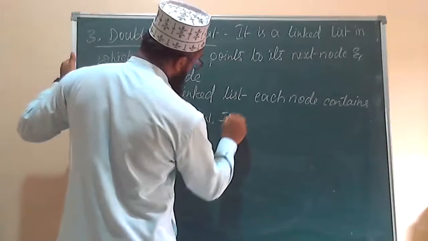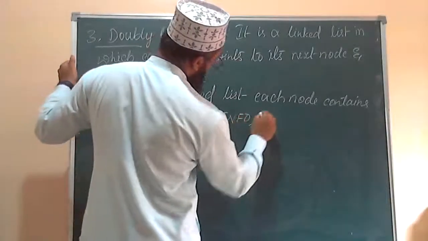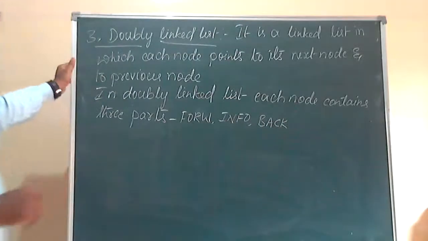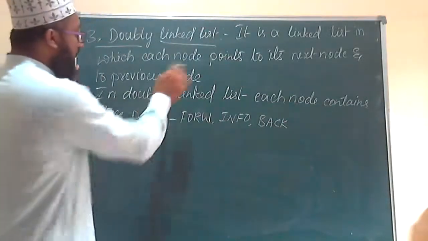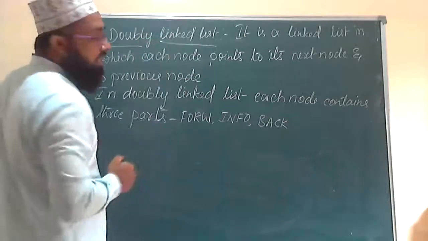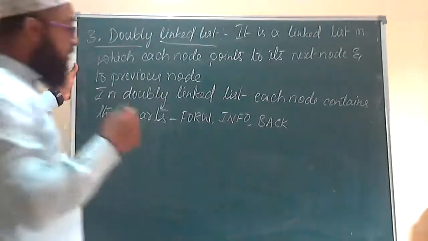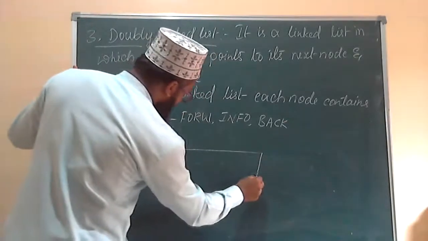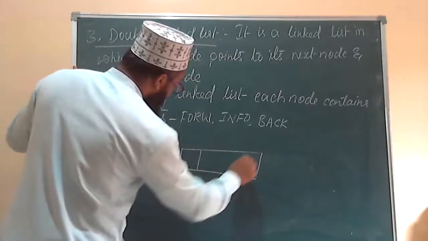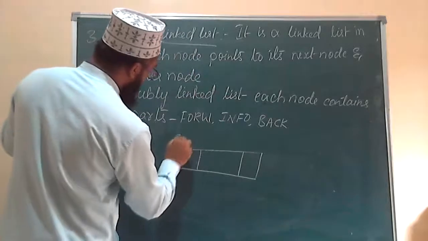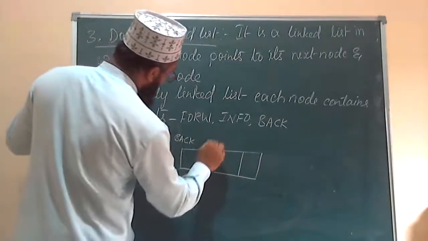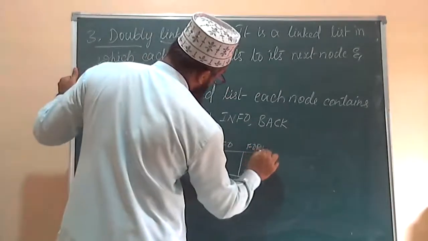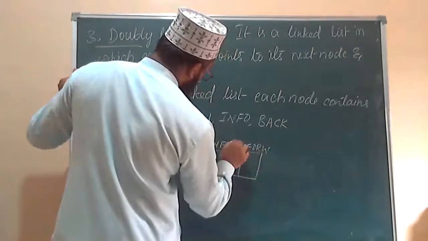The next one is info, and the last one is back. We shall see how the node of a doubly linked list looks. This is the node of a doubly linked list. It contains three fields: this one is the back field, this is the info field, and the next one is the forward field.